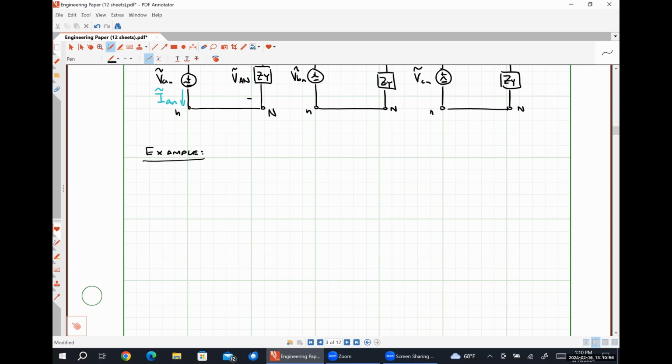So let's say that I have the following circuit that I'm trying to analyze. I'm going to have a simple balanced YY system.